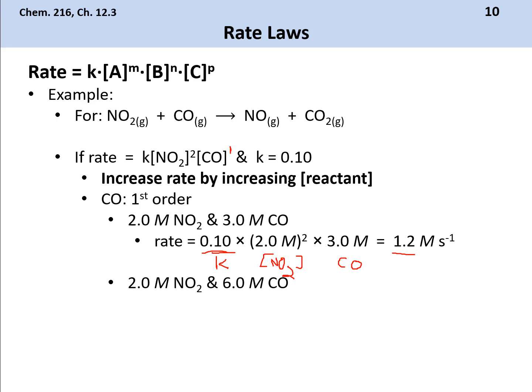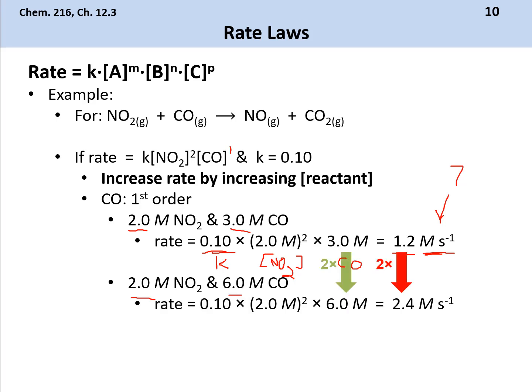Now, the units for this are molarity per second. We'll talk about this later, but this is what we learned in lesson 7. What happens if we go from 2 molar NO2 and 3 molar CO to 2 molar and 6 molar? Let's do that same thing.